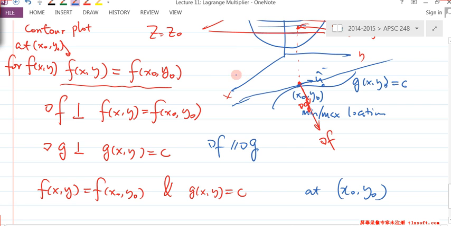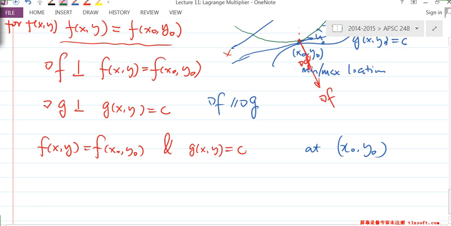So how about the contour plot for the function f here? What's that going to be? These contours, they don't intersect, they touch. Tangent, right? Tangent, that's the word.